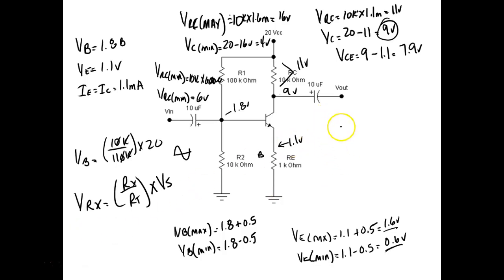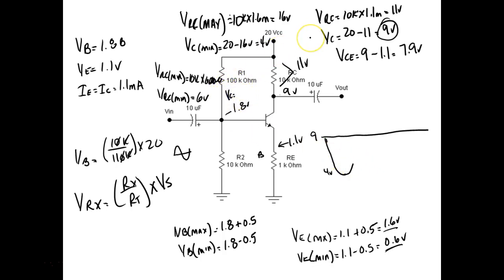So my output should drop down to, so this right here would be 9 volts. This is 0. My output should drop down to 4 volts. And my output, oh, VC, so we didn't do VC.